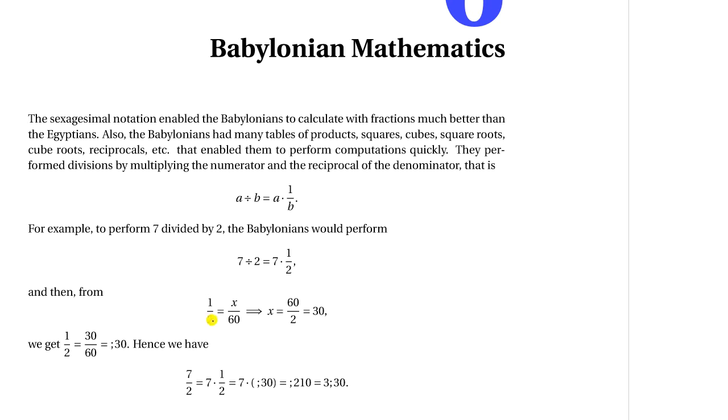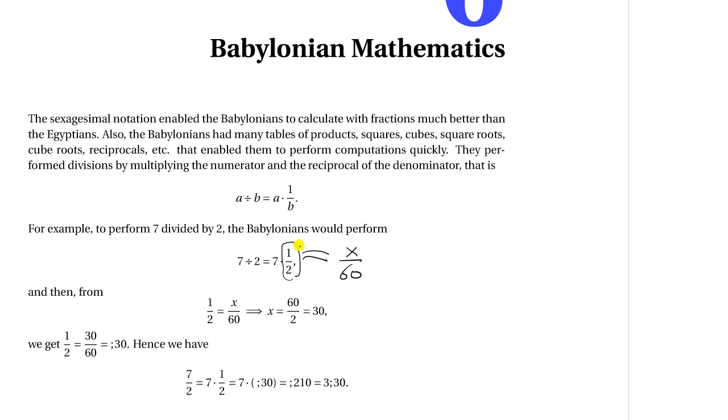So the meaning is 1 half, but they don't have any symbol like that. They have to calculate certain things to find the matching symbol for it. So let's assume 1 half needs to be converted to their system, which is base 60. 1 half is between 0 and 1, so that number can be written as x over 60.